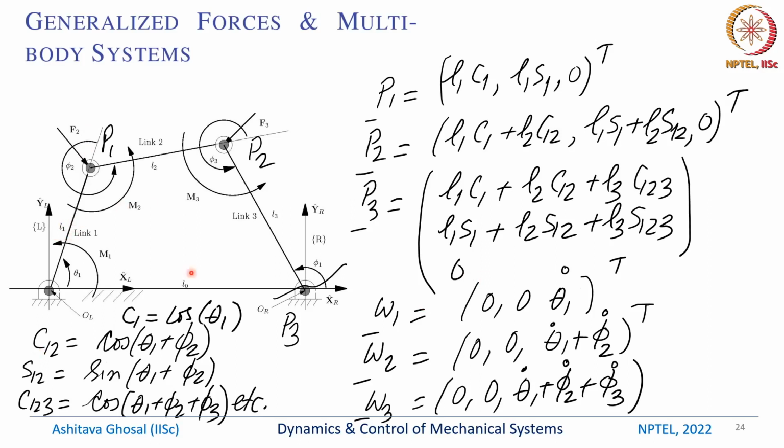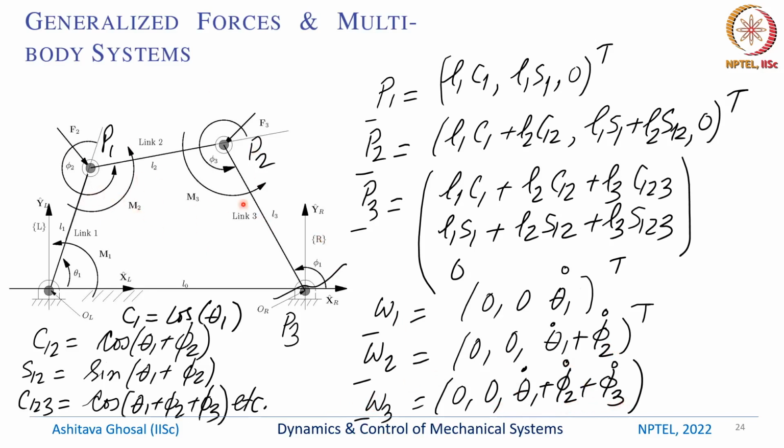The angular velocity of the first link is theta 1 dot along the z-axis. The angular velocity of the second link is theta 1 dot plus phi 2 dot. And the angular velocity of the third link is 0, 0, theta 1 dot plus phi 2 dot plus phi 3 dot.